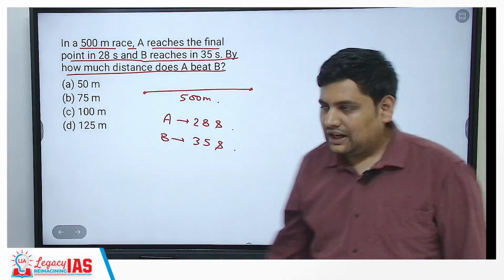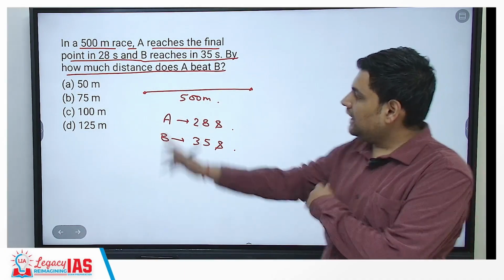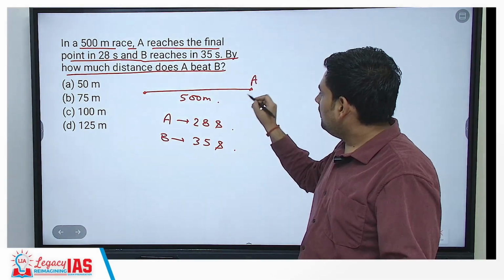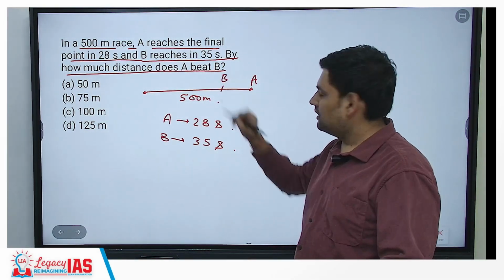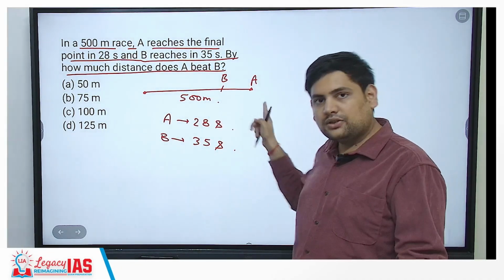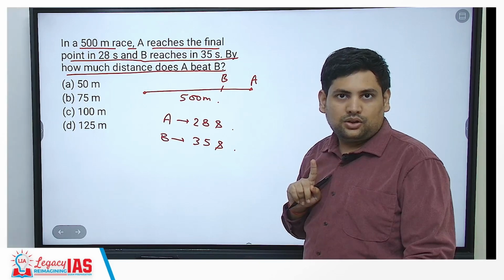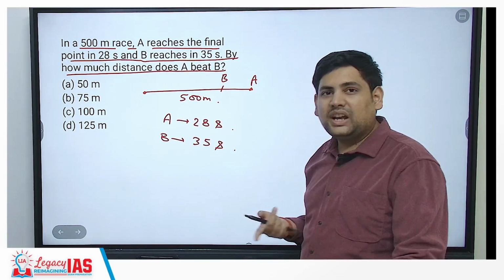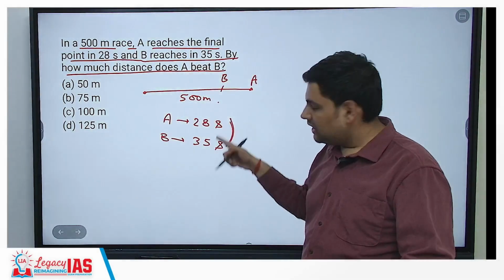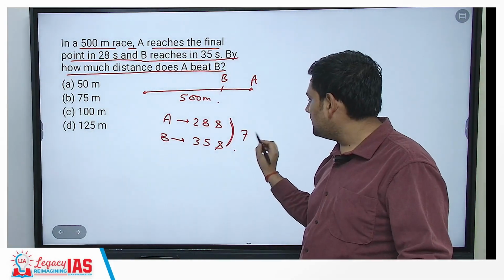Now understand this: when A reaches here, B is still somewhere behind. Correct? Because B still has to complete that distance. Now, how far behind is B? See, if this is 28 and this is 35, the difference is 7 seconds.